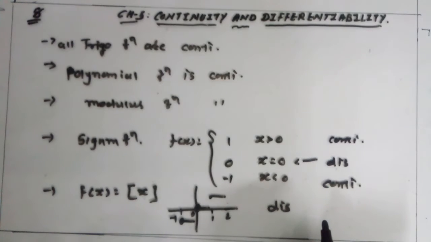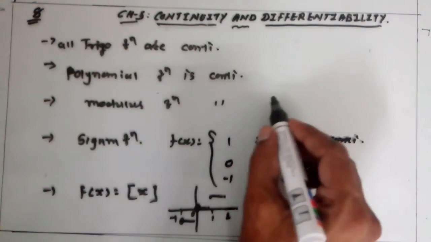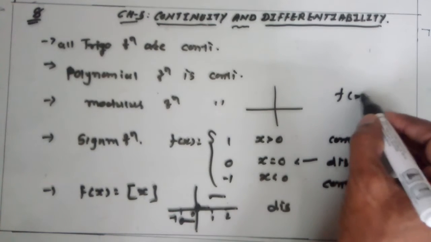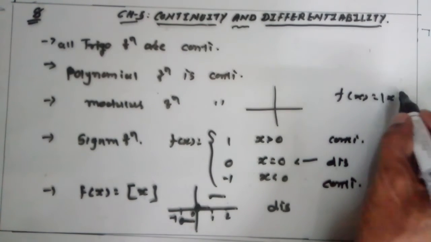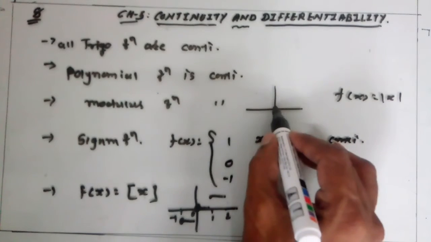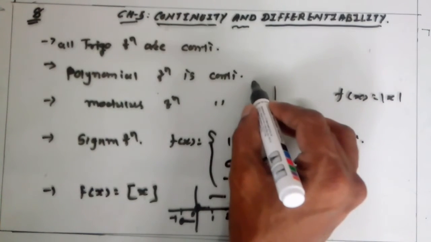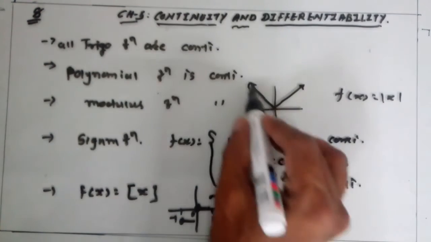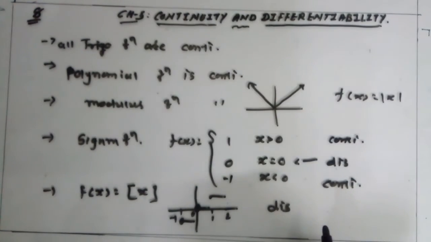Clear? For the magnitude function f(x) is equal to mod of x, we get this type of graph: for x less than 0 one line, and for x greater than 0 another. The graph of the modulus function is continuous, so this is a continuous function.